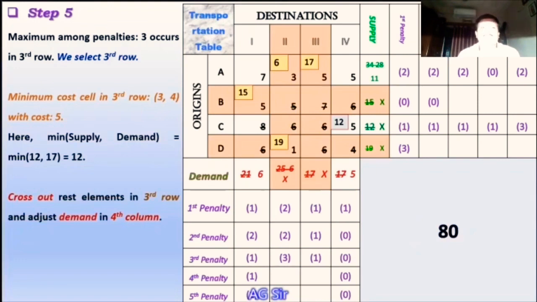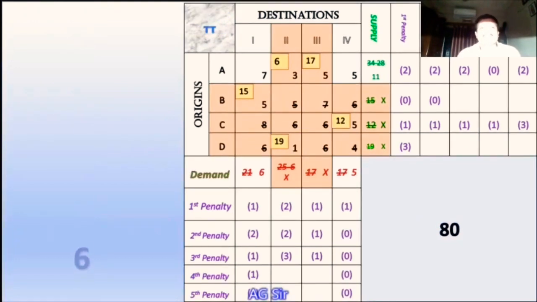Next, we move to the next step. In this step, we find that we are left with only a matrix of size 1 row and 2 columns. Therefore, how do you compute the penalties? As before, you find that the penalty in the first row is the difference between 7 and 5, which is 2. In the first column, the penalty is clearly the difference between this 7 and the next cost cell.